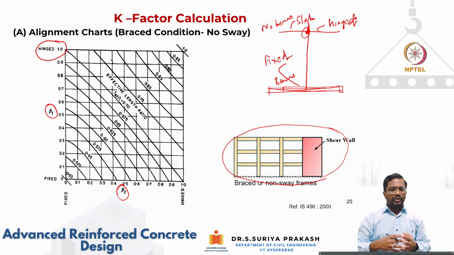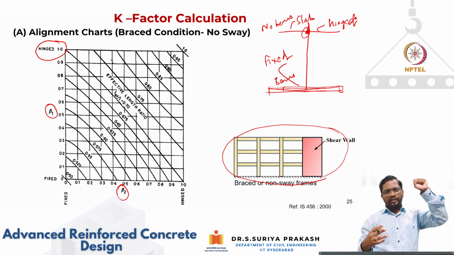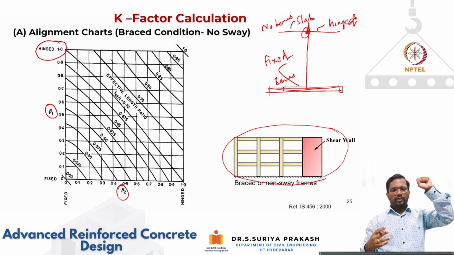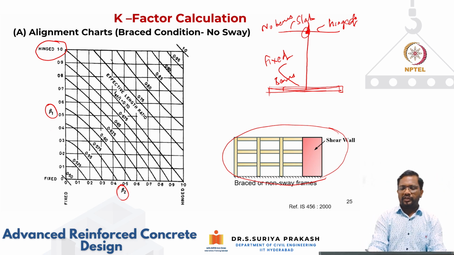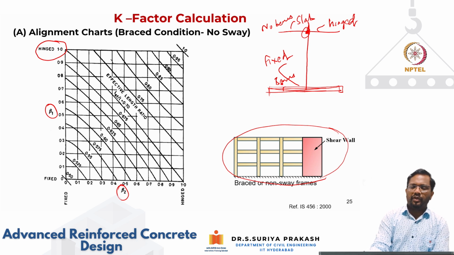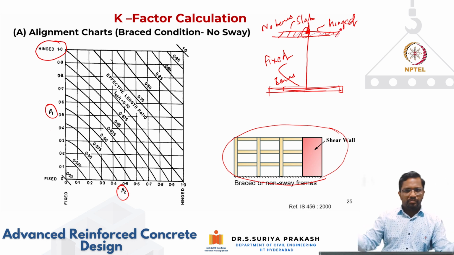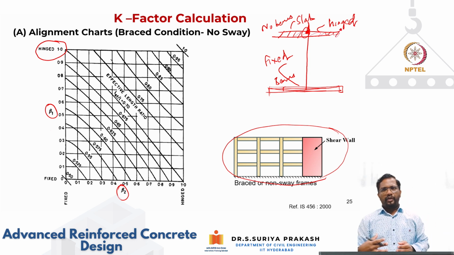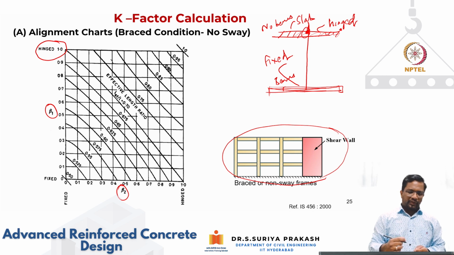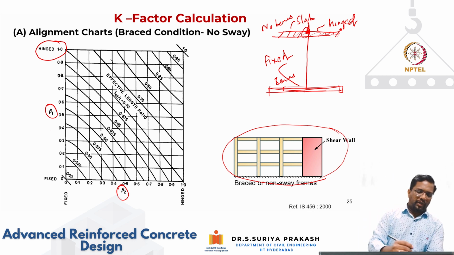So you can have a hinged condition at one end and fixed at the other, or the same on both sides. Let's say in this case, if I don't have beams here, it will approach a hinge condition. Here also, if I have very stiff beams framing in, then this will approach a fixed condition. So for a column, beta 1 can be either fixed or hinged, and likewise the other.